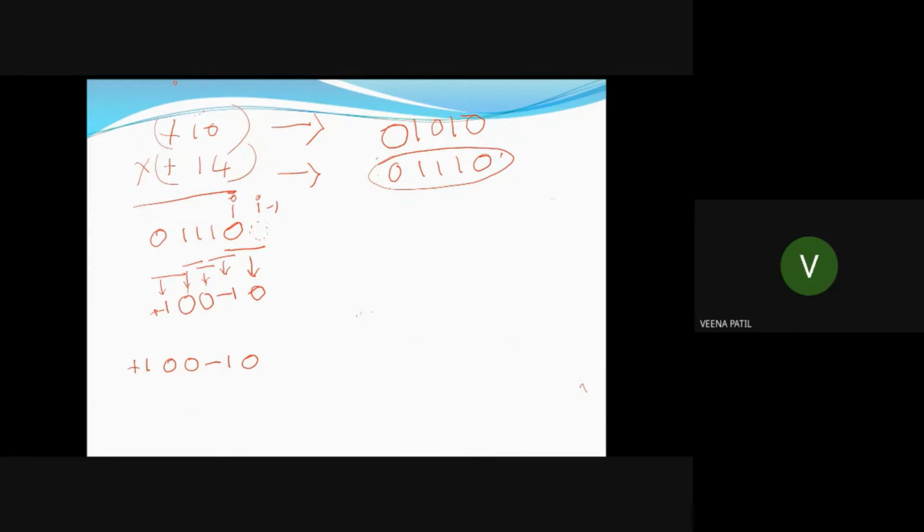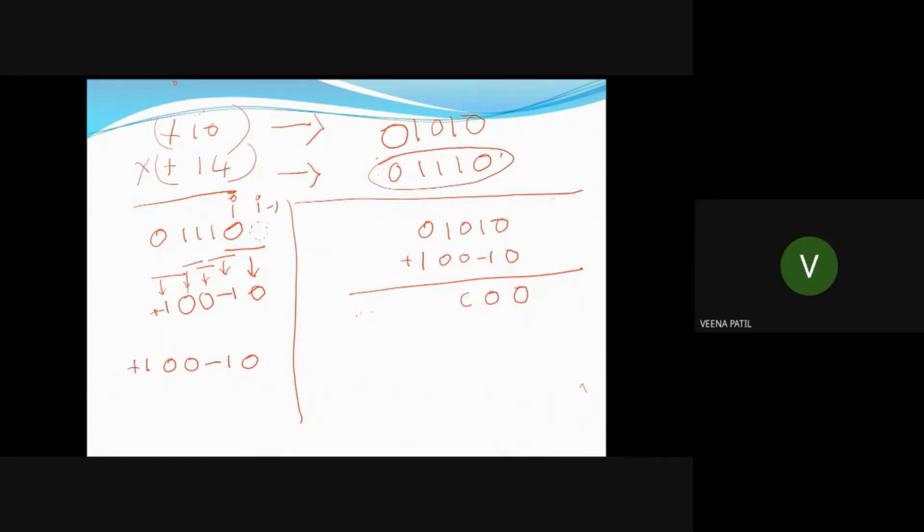Yes. So now to perform multiplication, I have to write here the value of 10, which is 0 1 0 1 0, and write the recoded value, that is +1, 0, 0, -1, 0. So the recoded multiplier I have written, and now I have to perform the multiplication. When it is 0, I have to simply write zeros.